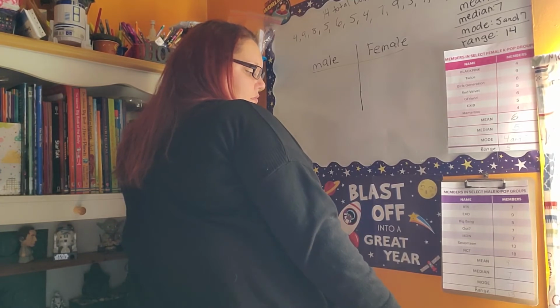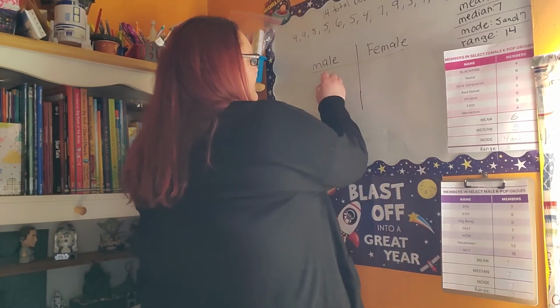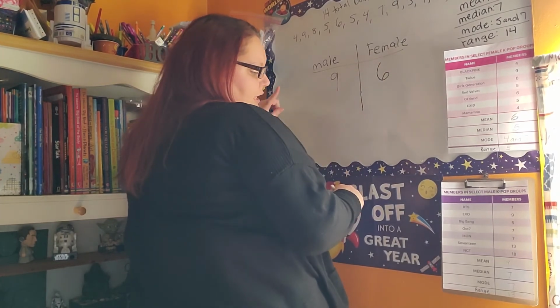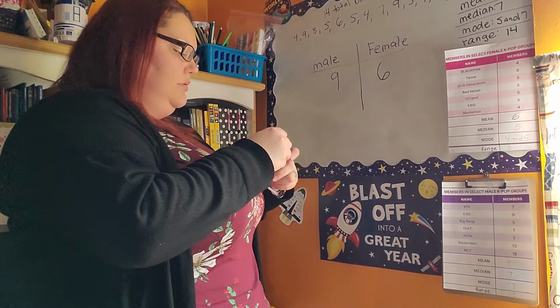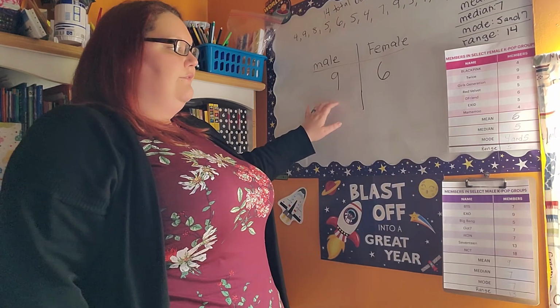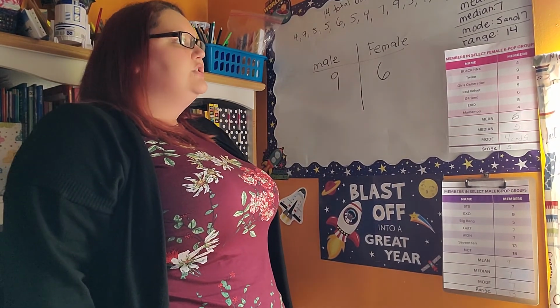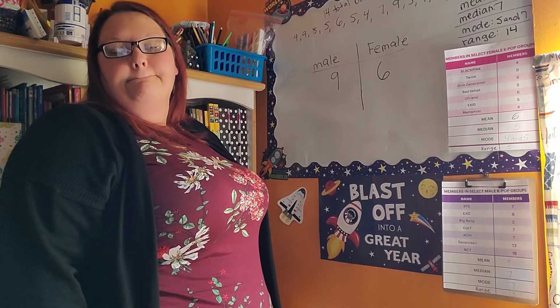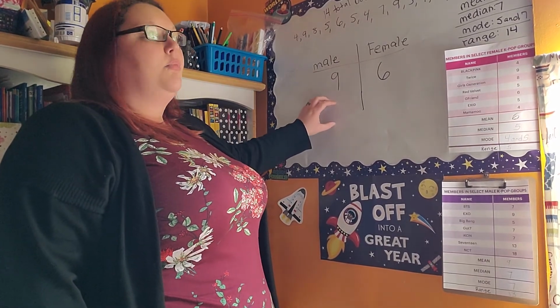The mean? Oh, 9. Okay, so 9. And the girls was 6, right? Mm-hmm. So what can you tell me about that information? Who on average has the most members? The girl groups or the boy groups? Boy groups. The boy groups are normally larger.